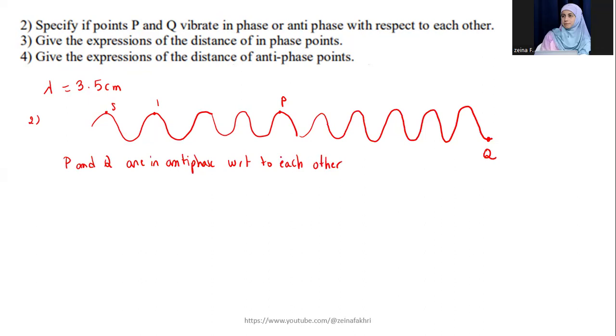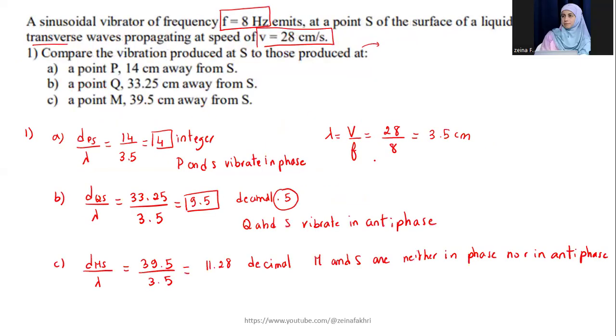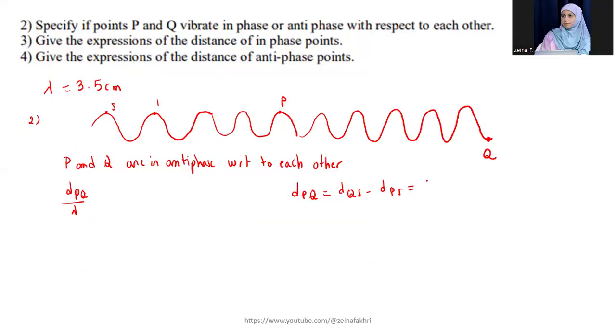Now, we can also do it by calculation by finding the distance between P and Q over lambda, supposing that P and Q are on the same side of S. So in order to find the distance PQ, it's equal to the distance QS minus the distance PS, which is 33.25 minus 14.